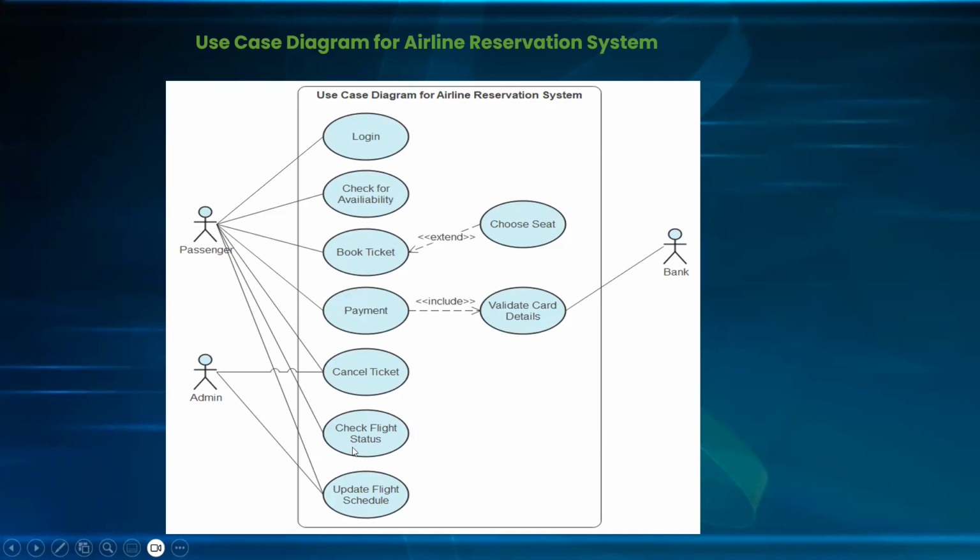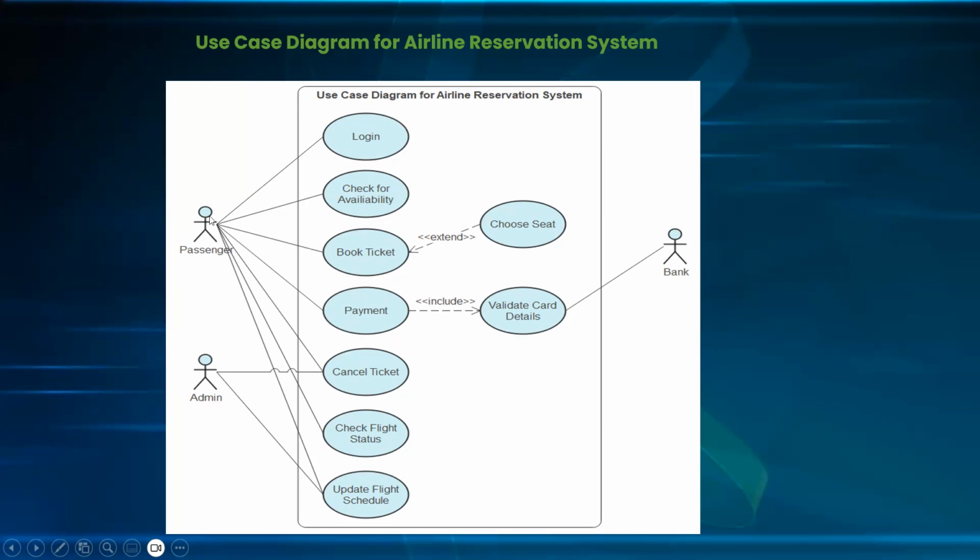These are the use cases. So passenger will log in, passenger can check for availability, passenger can book tickets, passenger can make payments, passenger can cancel tickets, admin can also cancel tickets. Passengers can do all this.